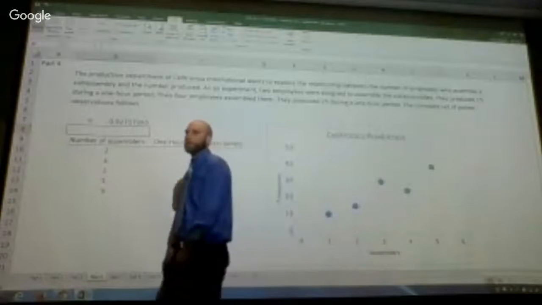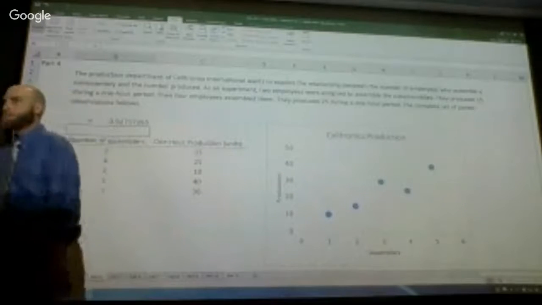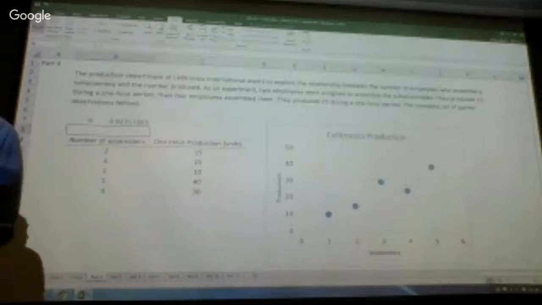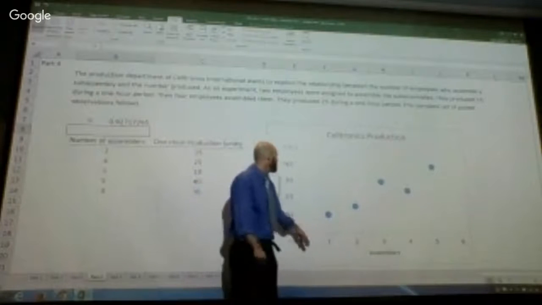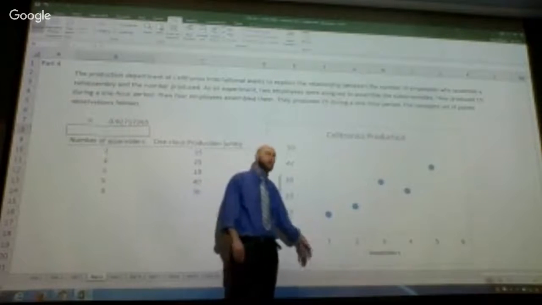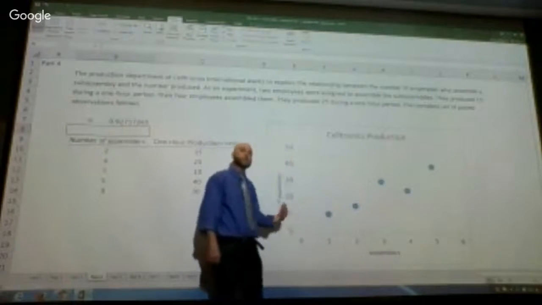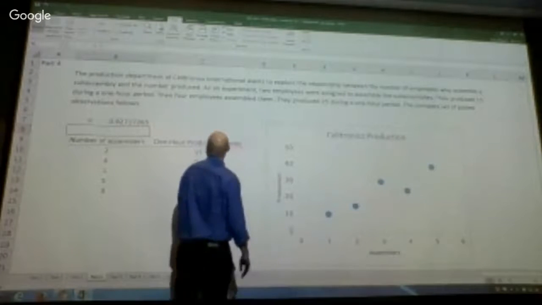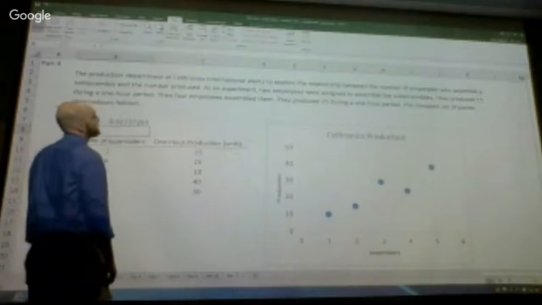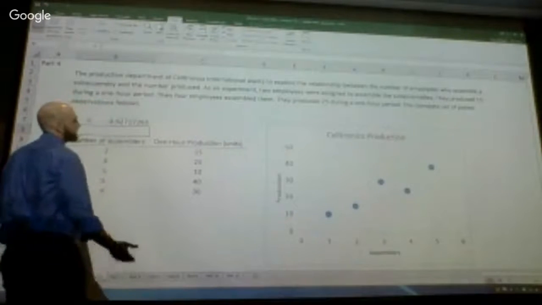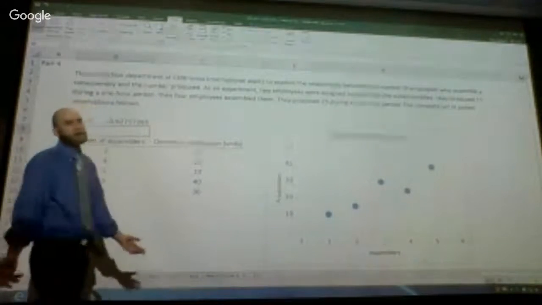There was a phrase you said to look out for, for dependent and independent variables. What was it? I would say use assemblers to predict production, because you use the independent variable to predict the y. You always use x to predict y.